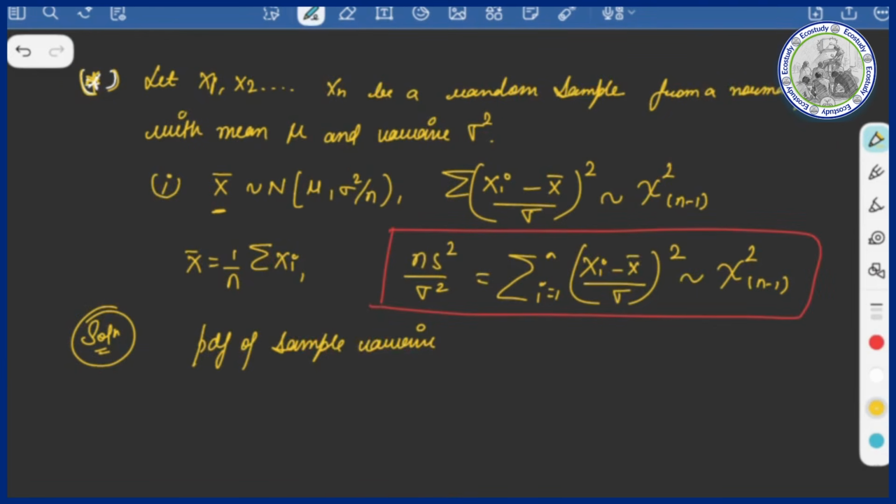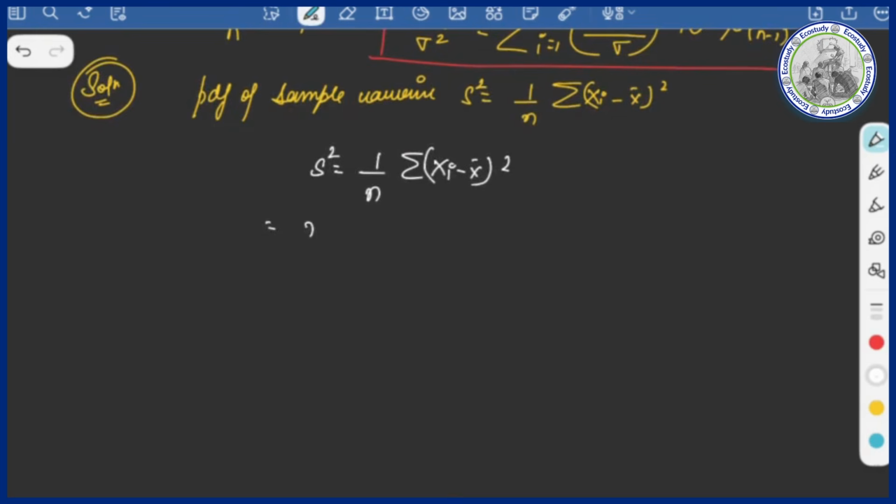The sample variance, small s square, is equal to 1 upon n sigma of (xi minus x bar) square. Now put the n here, that is n s square is equal to sigma of (xi minus x bar) square.